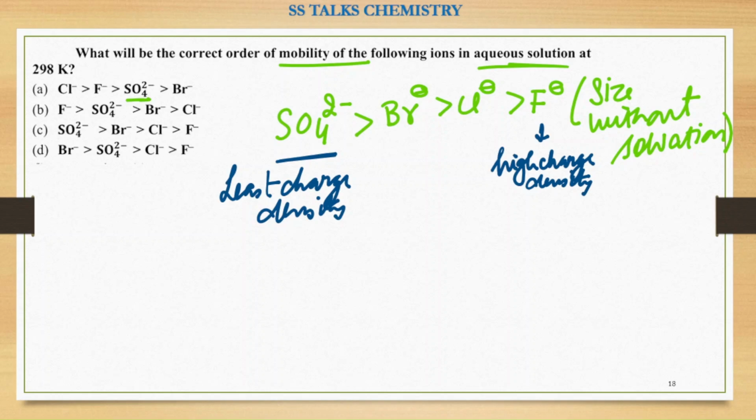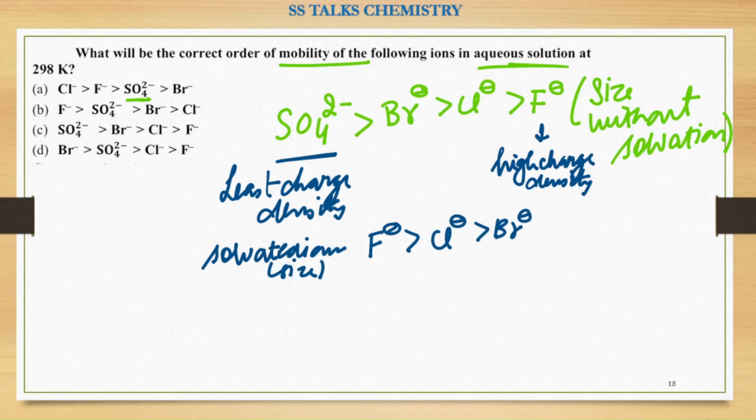So if you compare the sizes of the solvated ions, fluorine is going to be of the maximum, followed by chlorine, then bromine, and the least for the sulfate ion. Now the mobility is the inverse of the sizes of the solvated ions.